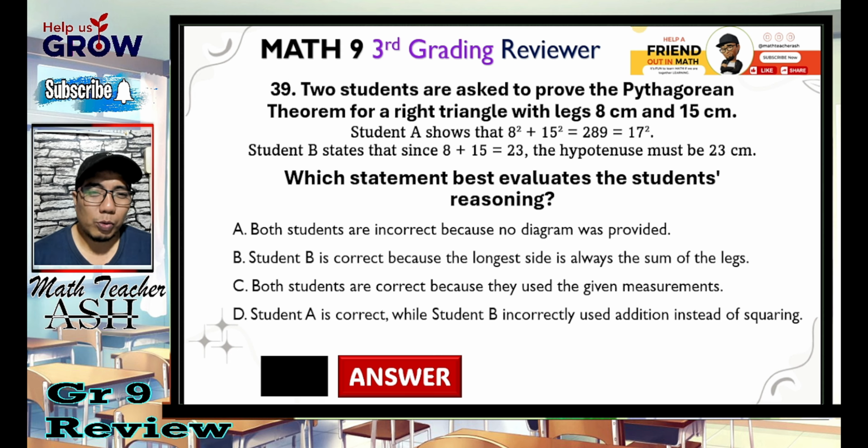A, both students are incorrect because no diagram was provided. B, student B is correct because the longest side is always the sum of the legs. C, both students are correct because they use the given measurements. Or D, student A is correct while student B incorrectly used addition instead of squaring. I'll give you 5 seconds to think about your answer.